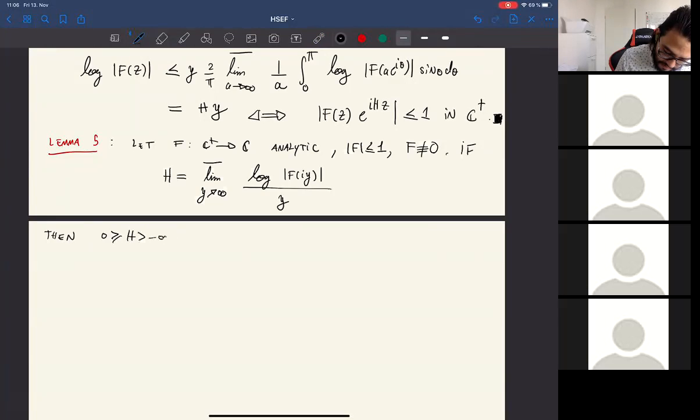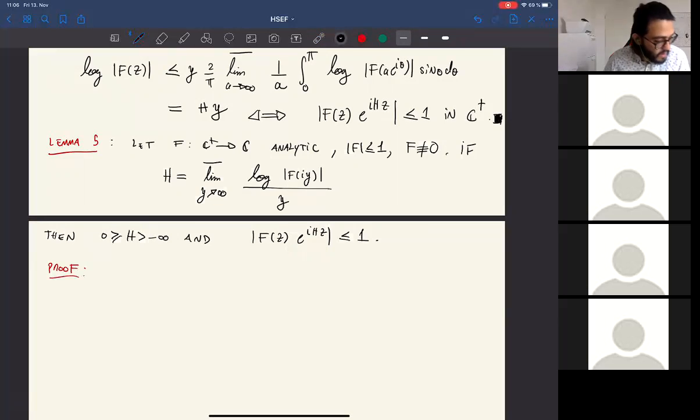So it's a finite number. And we still have that this thing is less or equal than 1, although this bit here could be greater or equal than 1. So again, a similar result.